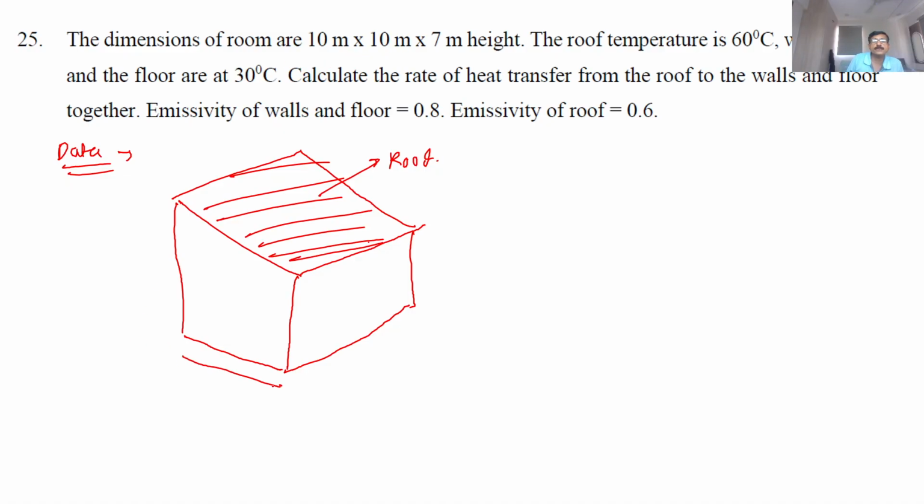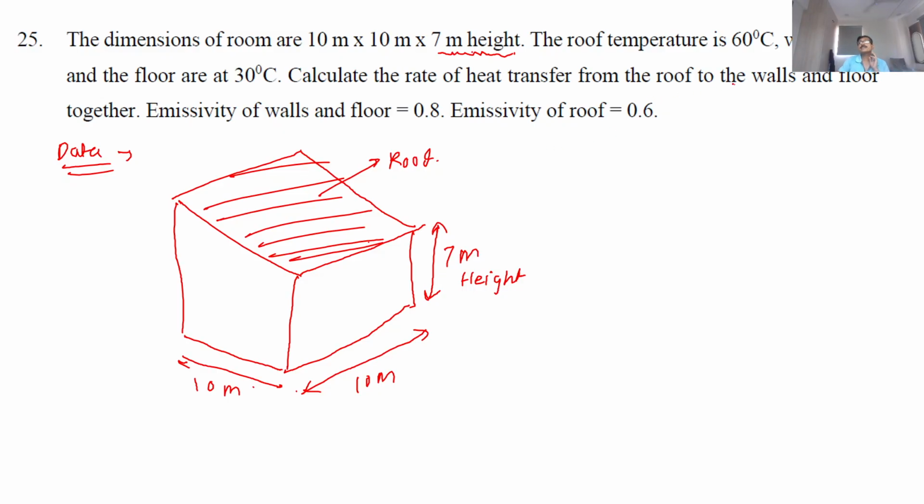So this is 10 meter, 10 meter. And they specially mention 7 meter height. So this dimension must compulsorily be 7 meter. So this is your height. You can't put 7 meter here and here. This is very important to understand. They mention it is a height. 7 meter, you can take only height as vertical, not horizontal. That is very important to understand.